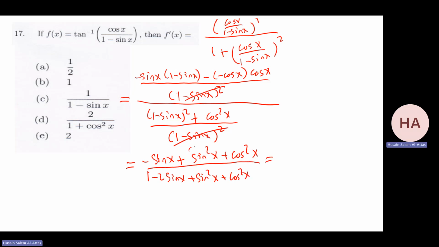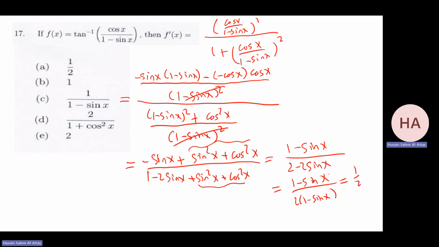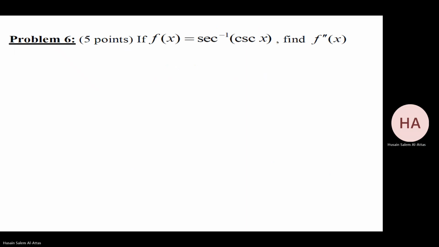And that will give me what? This is 1 minus sine x over, this is 1, so I have 2 minus 2 sine x. So I have 1 minus sine x over 2 times 1 minus sine x. Cancel. That will give me half, which is this. Yeah.